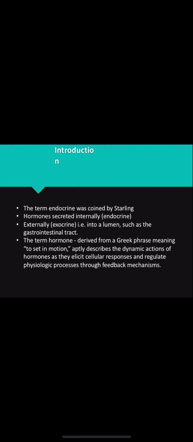The term hormone is actually a Greek word which means to set in motion, which describes the dynamic actions of the hormones as they elicit cellular responses and regulate physiological and biochemical processes through feedback mechanisms. So hormones are chemical messengers that are directly secreted into the blood or extracellular fluid, which bind to specific receptors on the target cells.